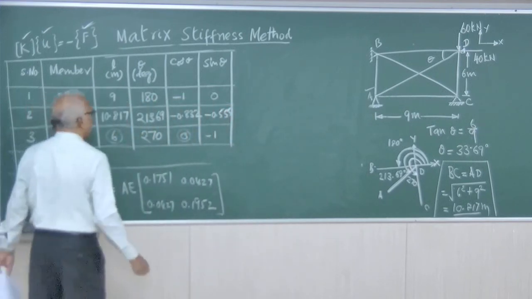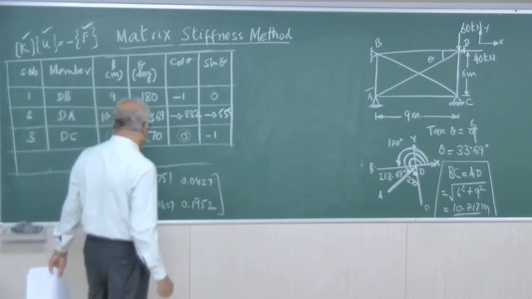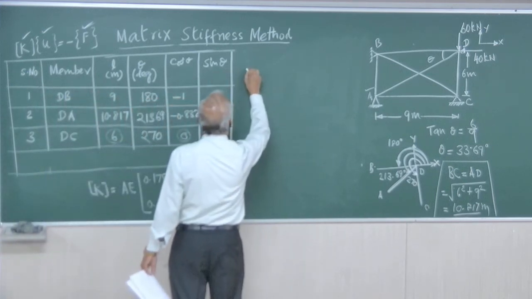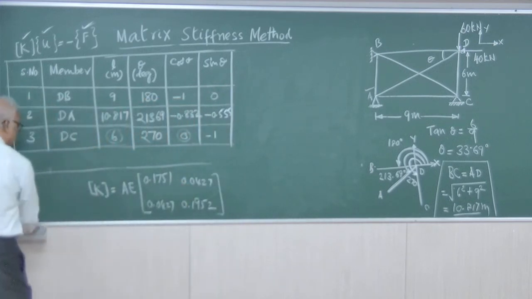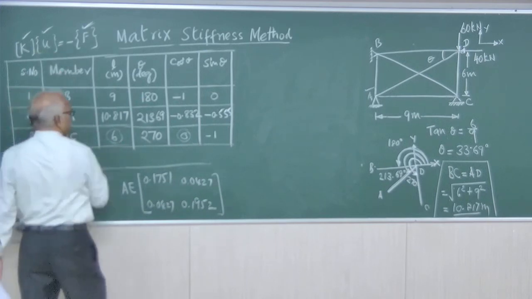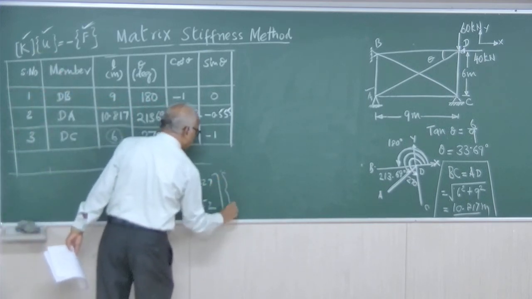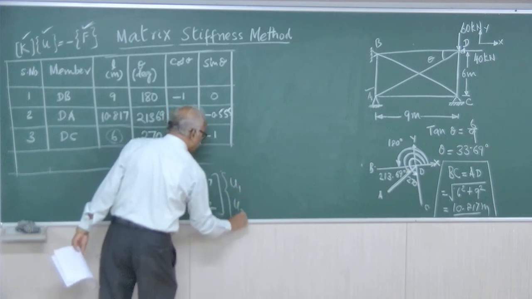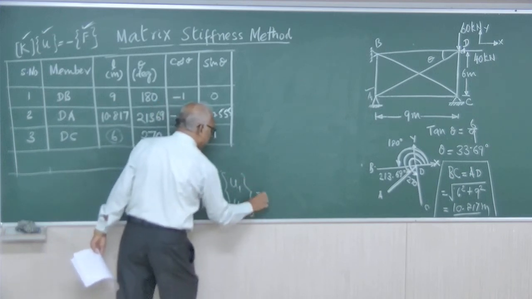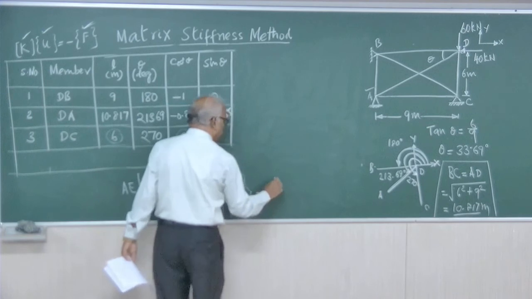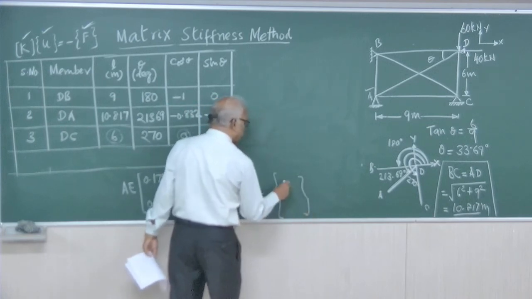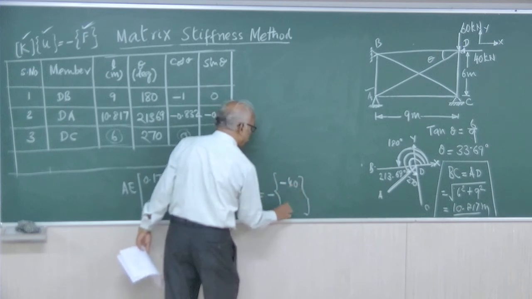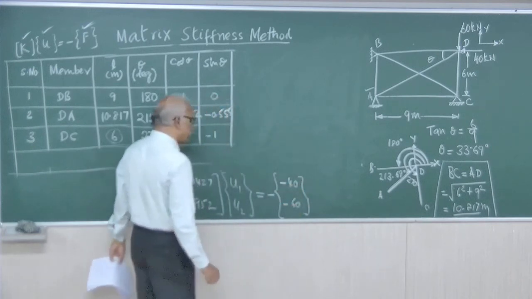Right. Now, coming to the equilibrium equation. So, AE into this value, this itself we can retain. So, this is K, right? K into U, namely U1 and U2, equals minus of the force values, which are minus 40 and minus 60, along the x-axis and y-axis.